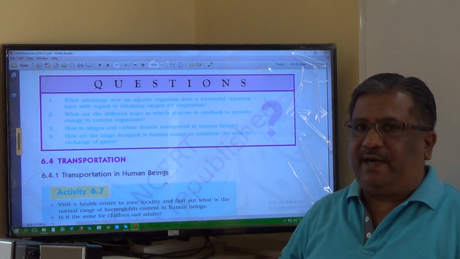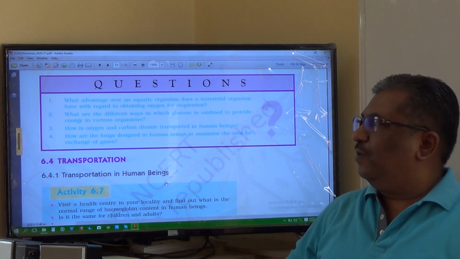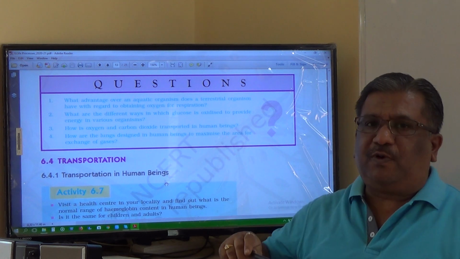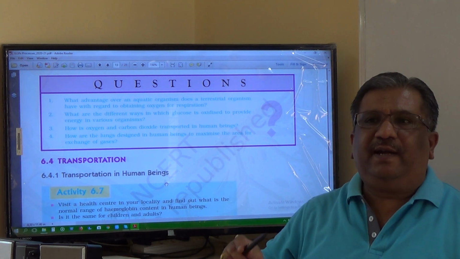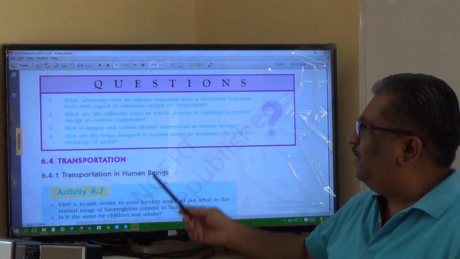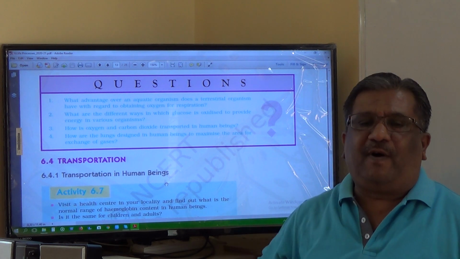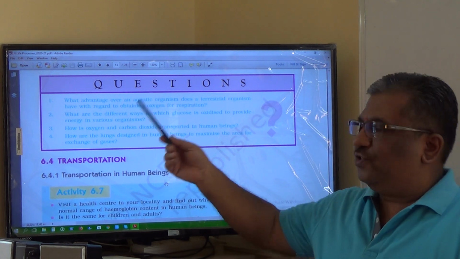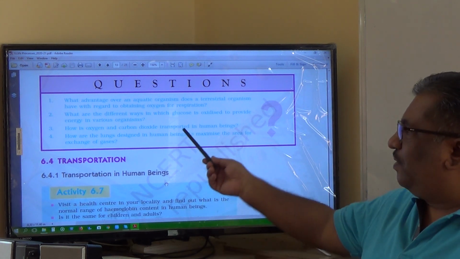Whereas carbon dioxide, the solubility of carbon dioxide is more in water, so it is transported in the dissolved form in the plasma to different parts. That means CO2 is transported in human beings in the dissolved form in the blood, whereas oxygen is transported in the combined form, that is oxyhemoglobin. That is what we can say.